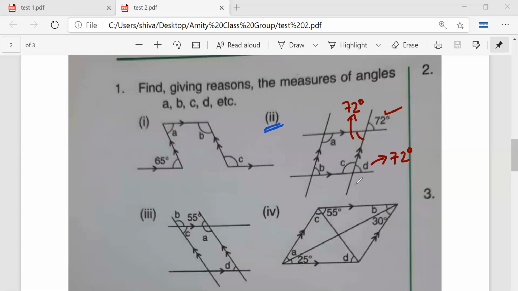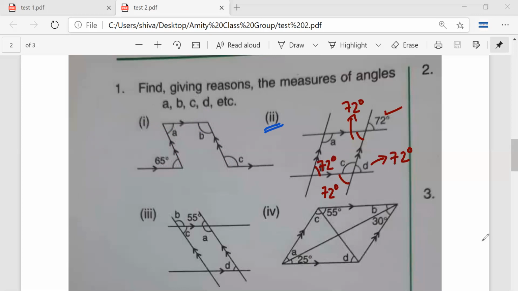Therefore, under the D will also be 72 degrees. Then that one also makes the Z. So B will also be 72 degrees. Mr. Satya, any doubt?